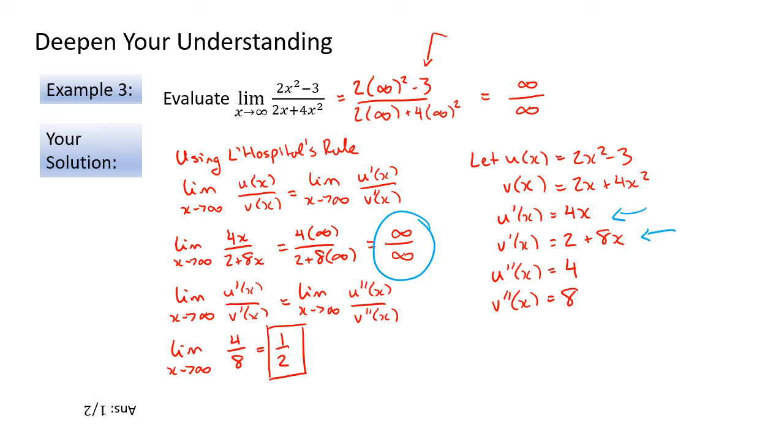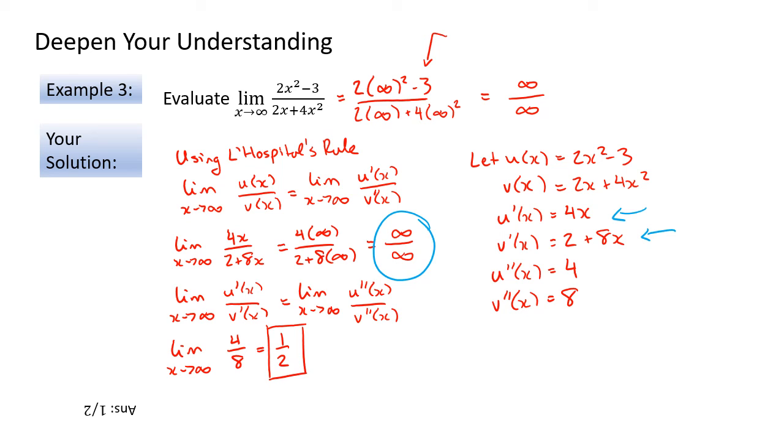So the trick in a lot of these examples when you have infinity is you have to keep taking the derivative until you typically don't have an x in there, right? Because anytime you have something multiplied by x, in this case, infinity times a number, it's always going to be infinity. But in this case, we were just left with numbers, 4 and 8. So we were able to substitute that in and find the limit.